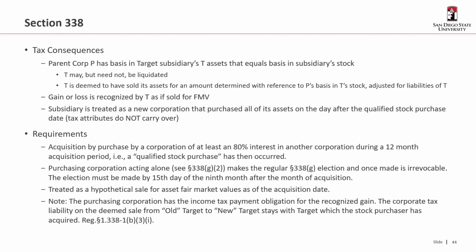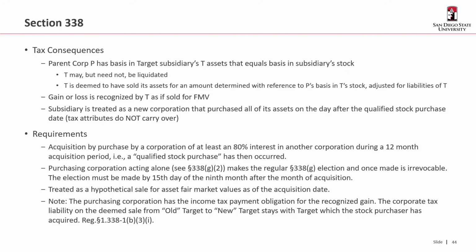Acquisition by purchase by a corporation of at least 80% interest in another corporation in a 12-month acquisition period. The purchasing corporation must be acting alone. So what that means is the 338(g) election is made by the purchasing corporation, and it's treated as a hypothetical sale for the market value of the assets on the acquisition date.